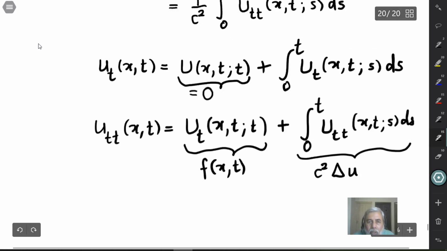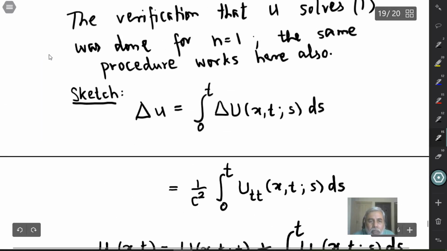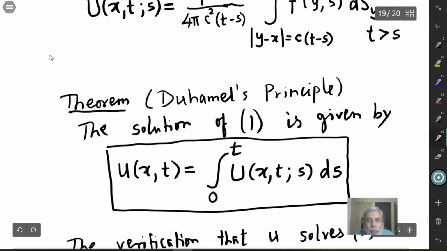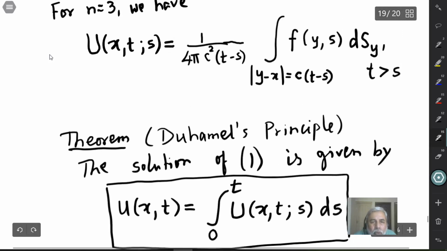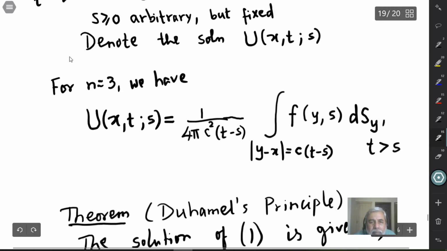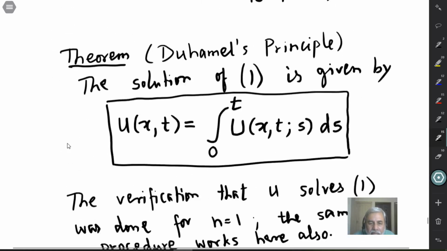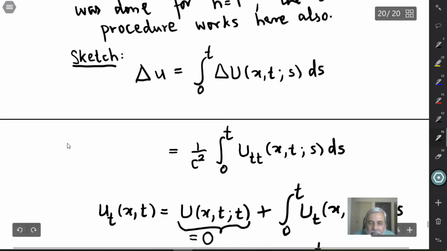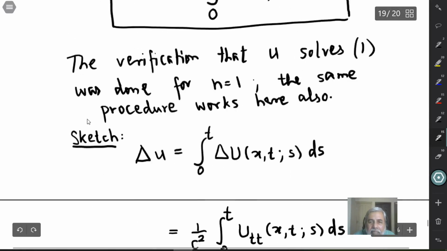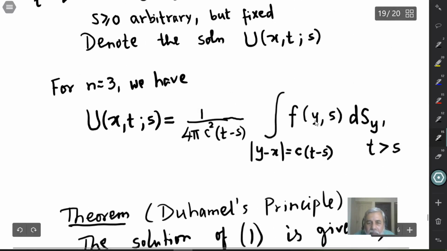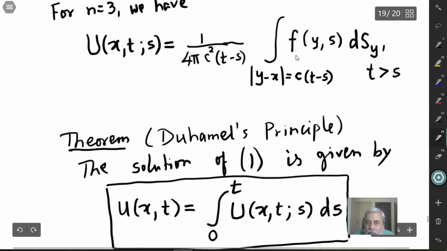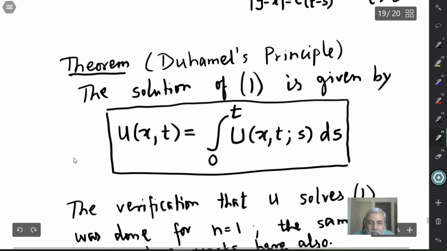So once we know how to solve a homogeneous equation, it's not difficult to solve any associated inhomogeneous equation. I have not written here the precise conditions on the right hand side, the forcing term f, but you can write down what conditions we require in order that this u is a solution.